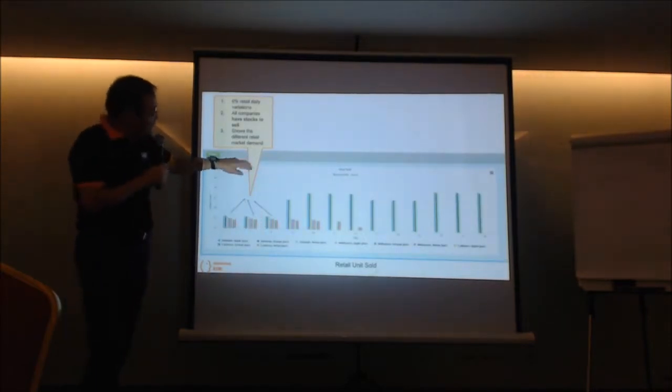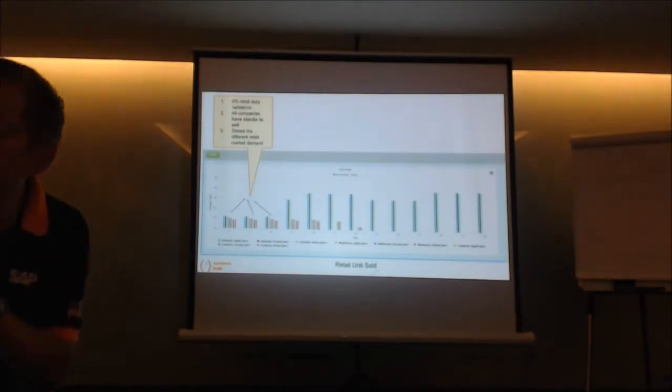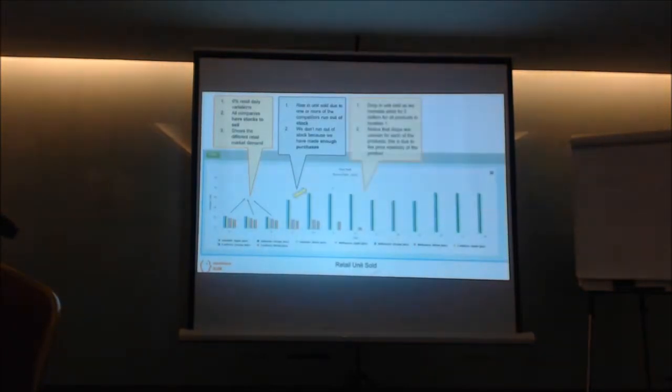There are 3 areas, and all the companies have stock to sell, so it shows the different retail markets. Then, when one or more of your competitors run out of stock and we still have stock, our units sold will jump, and then maintain.